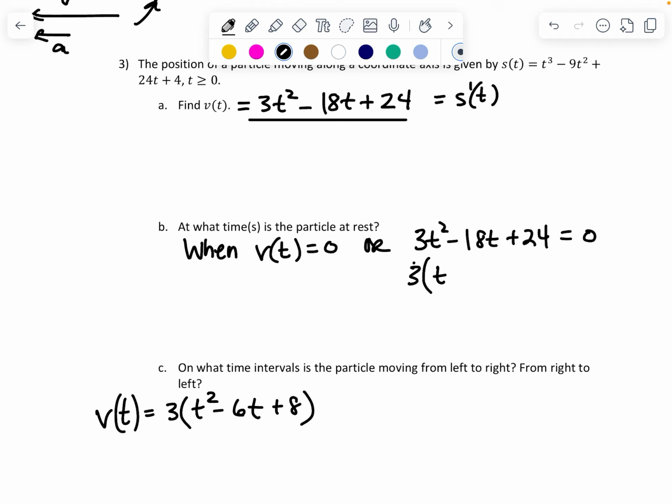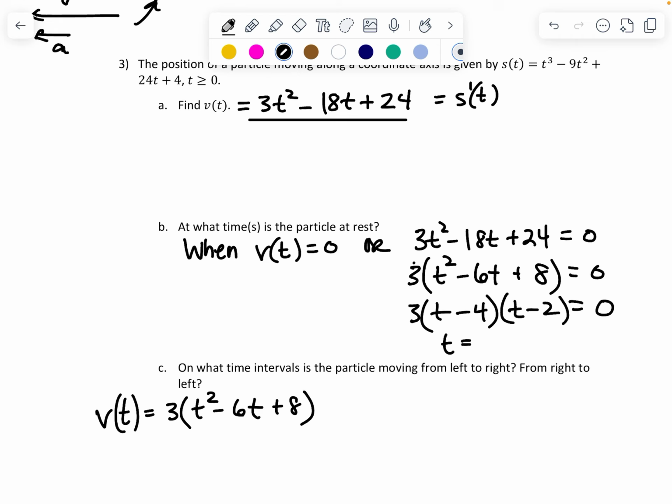So I'm going to factor 3 out, and it's going to be t squared minus 6t plus 8 equals 0. And I believe you can factor that still, t minus 4, t minus 2. So you get t equals 4 and t is equal to 2, right? 4 and 2.